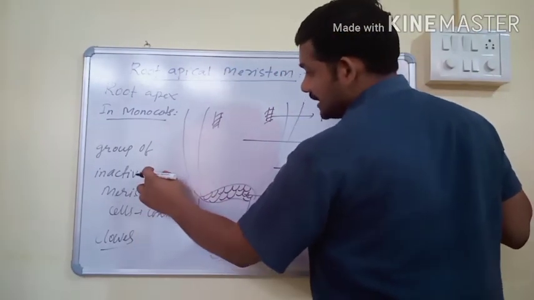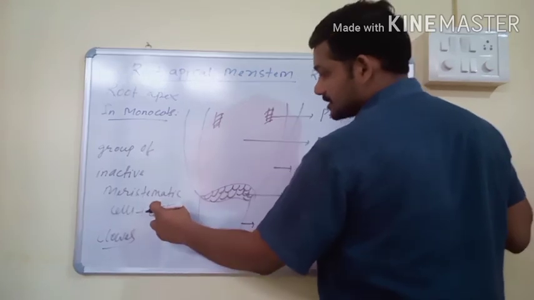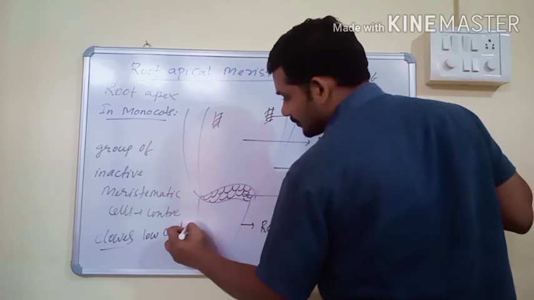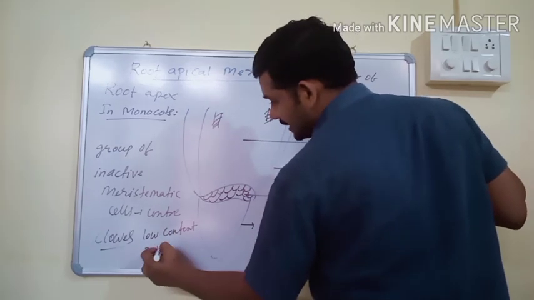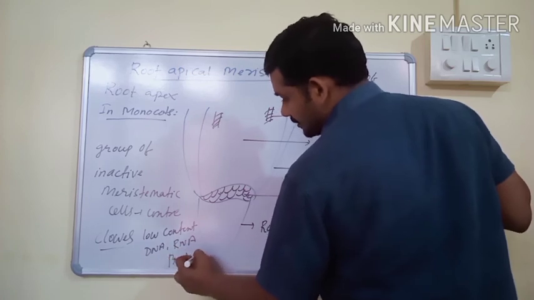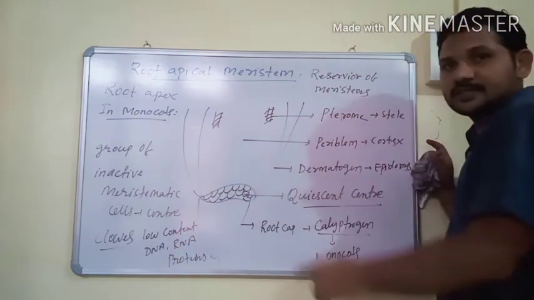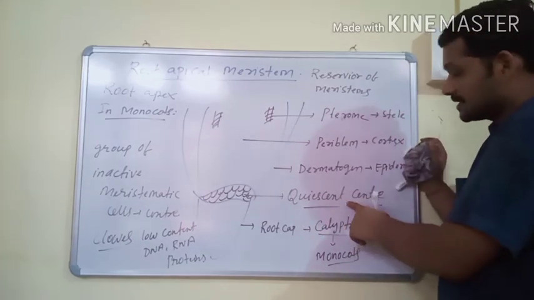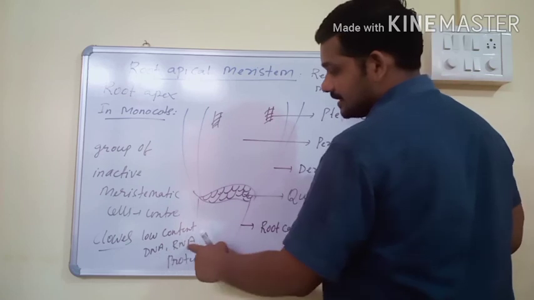It is a group of inactive meristematic cells due to the presence of low content of DNA, RNA and proteins. This point is very important. The quiescent center has low content of DNA, RNA and protein.